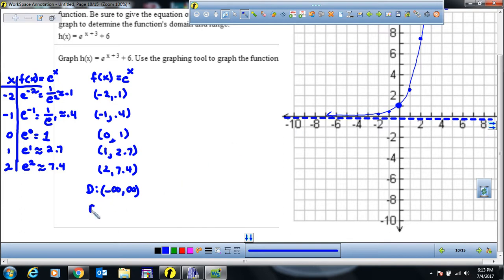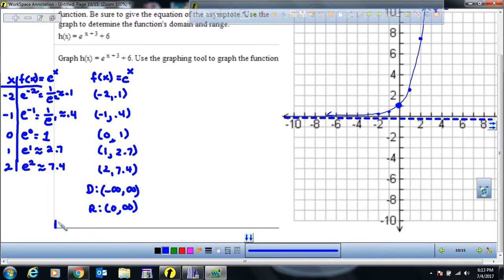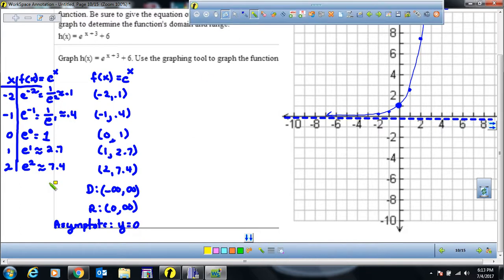Now, for the range, it includes all the y values above the number 0, because it doesn't get to 0, it's anything higher than 0. So it would be from 0, not including 0, to infinity. And the asymptote for this function is going to be the line y equals 0. So these are the three attributes for the function f of x equals e to the power of x.